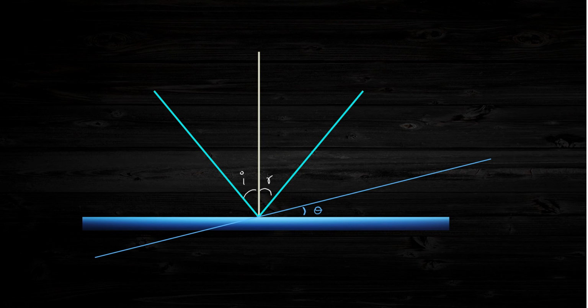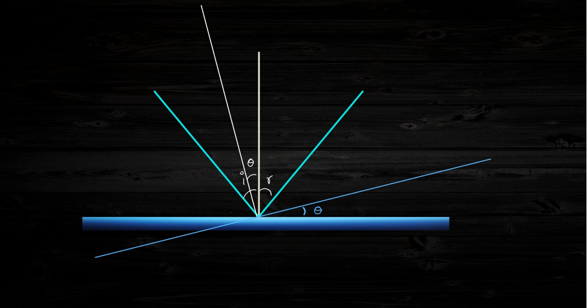As a natural consequence, since the normal is always 90 degrees with respect to the mirror, the normal will also get rotated by the same angle theta. So the normal will get rotated like so.